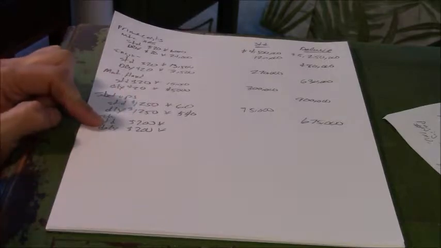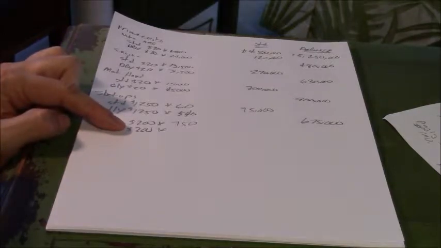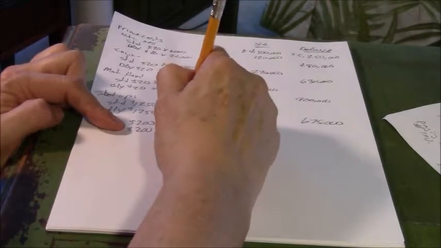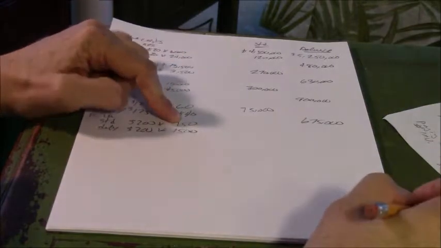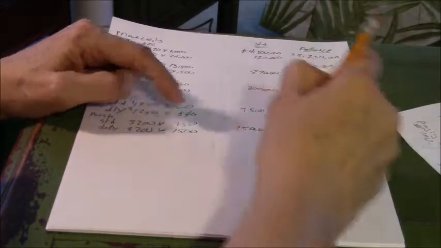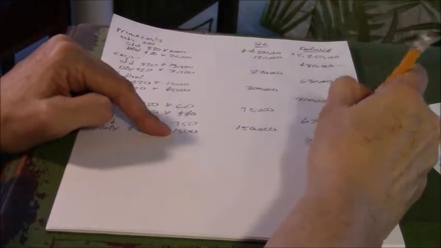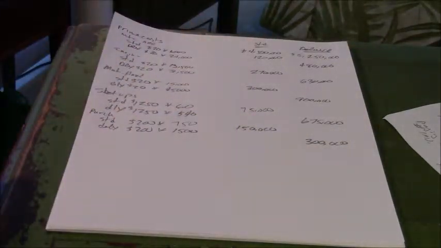For standard, we had 750. And for deluxe, we did 1,500. 200 times 750 is 150,000. 200 times 1,500 is going to be 300,000. So now we've added our overhead for the purchases to each one of those.